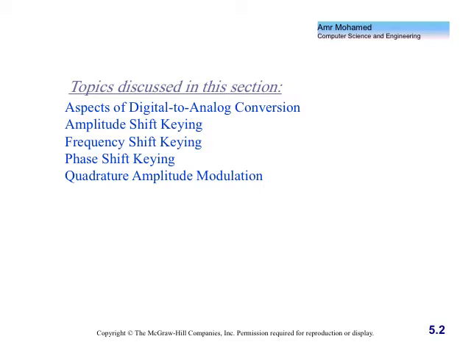Because if I send a sine wave, this means that for sure I'm sending high frequency, which is away from the zero, right? But then I have to do some changes to convey the information about the digital data. So if, for example, the digital data is 0, then I have to send a sine wave with a particular shape. If the digital data is 1, then I have to send it with another shape such that the difference between the shapes is clear for the receiver to say, okay, this shape means 0, this shape means 1.